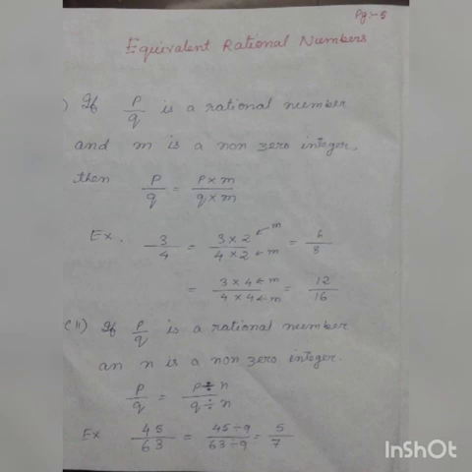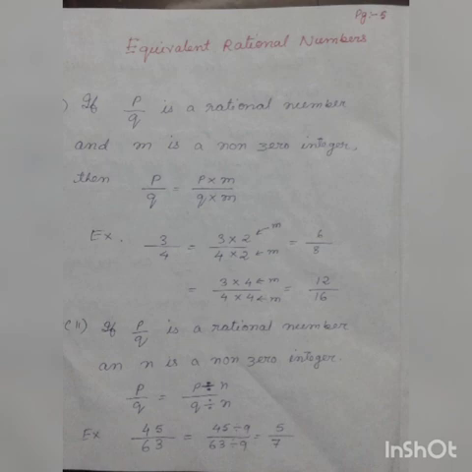If p by q is a rational number and m is a non-zero integer, then p by q can be written as p into m divided by q into m. p and q both are multiplied by the same integer. Example, 3 by 4, I can write it as 3 into 2 by 4 into 2, the same number multiplied in the denominator also.